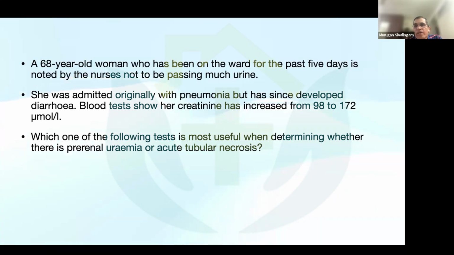Okay. So urinary sodium will help you differentiate whether it is pre-renal or ATN. Urine routine will help you decide whether there could be something active going on in the kidney or not. And ultrasound will help you decide whether there is a post-renal obstruction or not. So you've got a patient with an acute kidney injury.